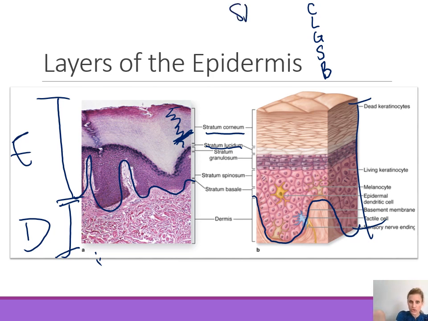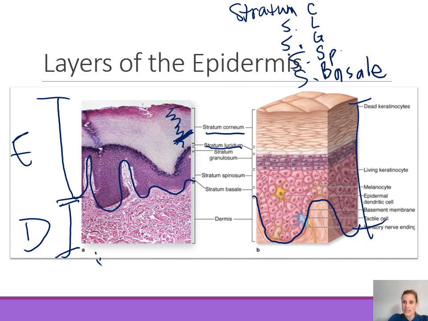So stratum, stratum, stratum, stratum, stratum. So the bottom layer is the stratum basale. Then the stratum spinosum, the stratum granulosum, the stratum lucidum, and the stratum corneum.